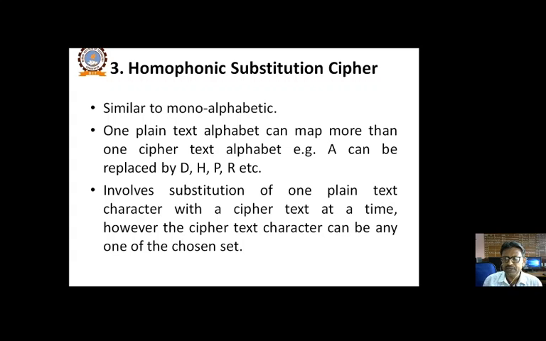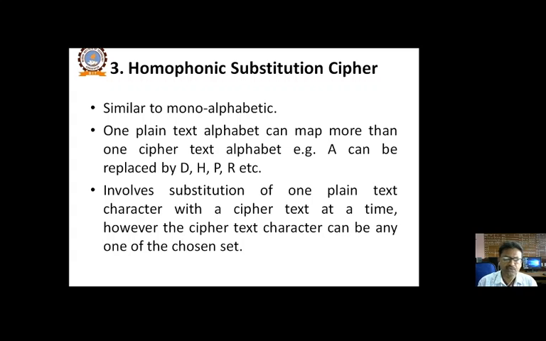It is not necessary that everywhere A will be replaced by D. At one place A may be replaced by D, another A by H, another A by P or R, and so on.